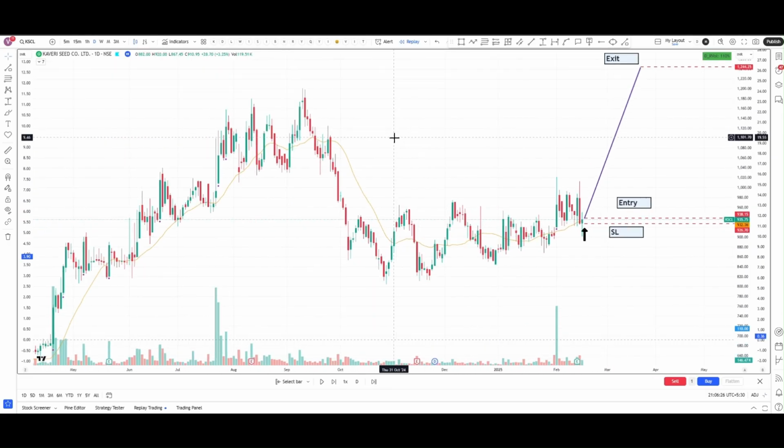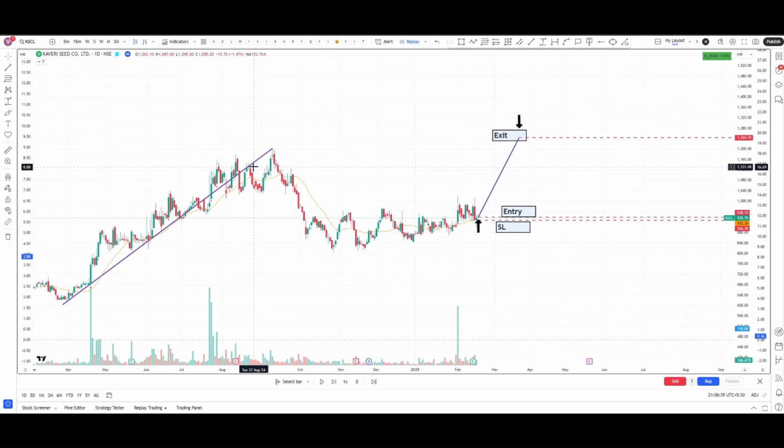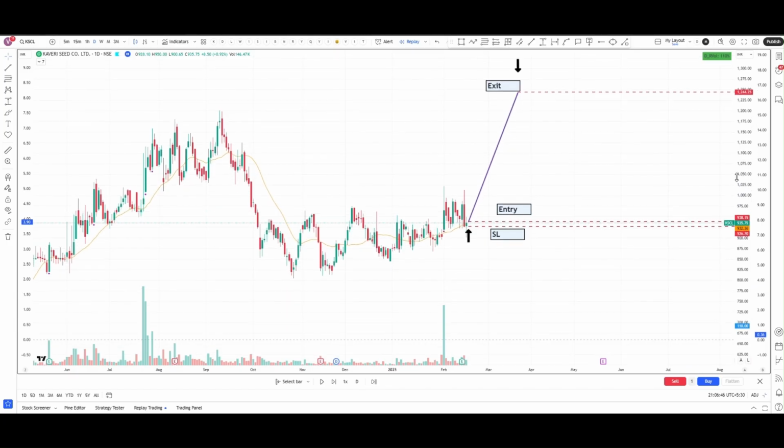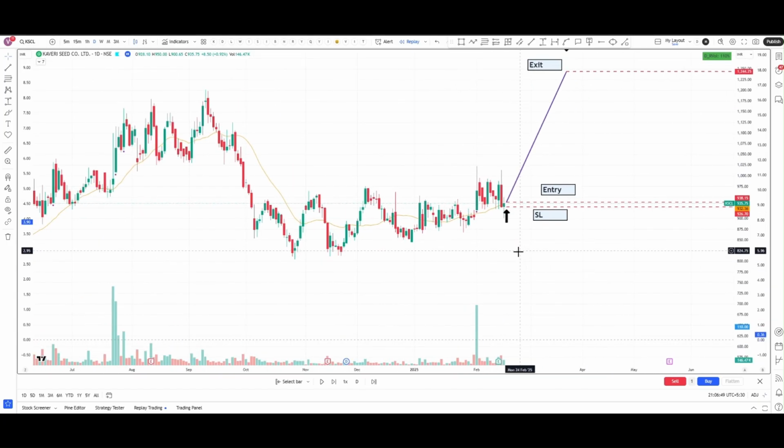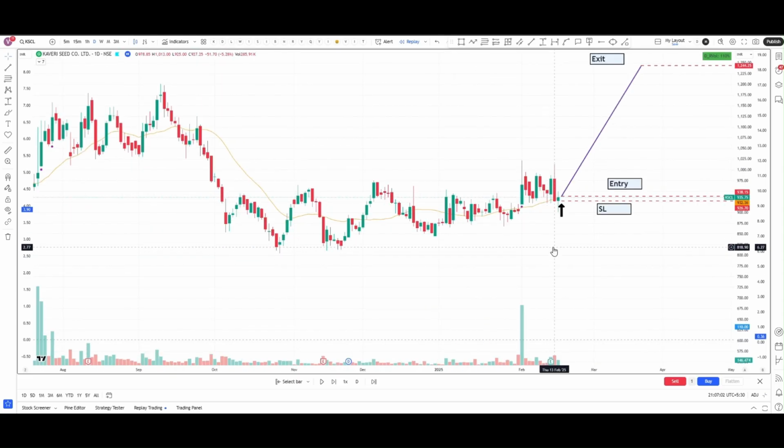As you can see, after giving such a good move of around 100%, the stock was in a downtrend for some time, and then it started consolidating in that region. There were a few characteristics that I noticed during this consolidation which made me enter on 17th of February. So what were those characteristics?